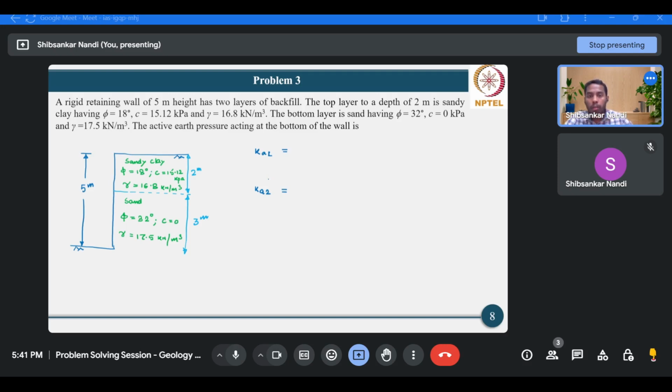For the first layer, the active earth pressure coefficient would be tan squared of (45 minus 18/2), which is 0.528. That is for the top layer, sandy clay.